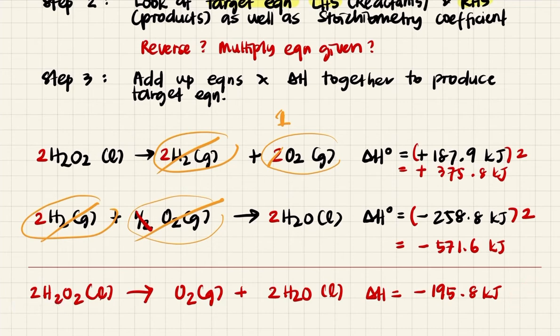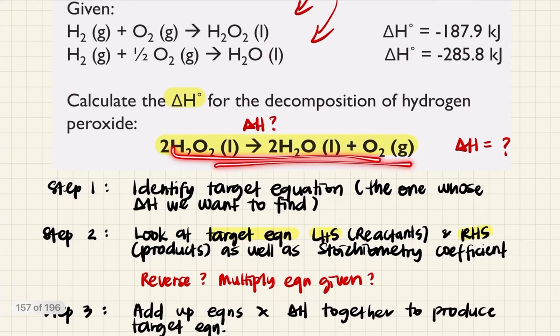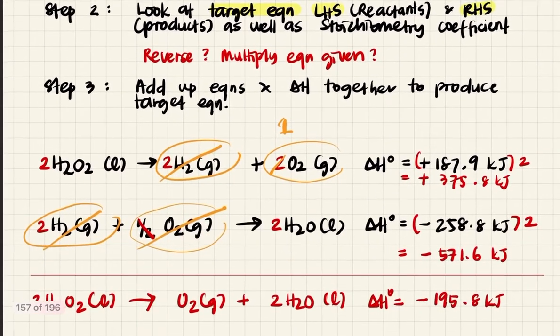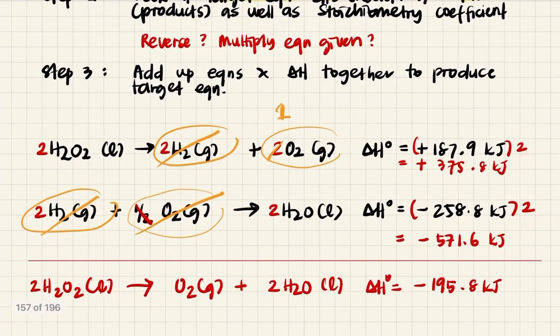Now you have your delta H naught for the decomposition of hydrogen peroxide. So you have to make sure that your target equation is correct, because if not, that means you might have gone wrong somewhere at these two steps.